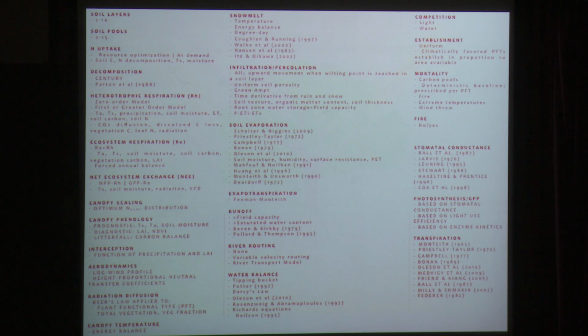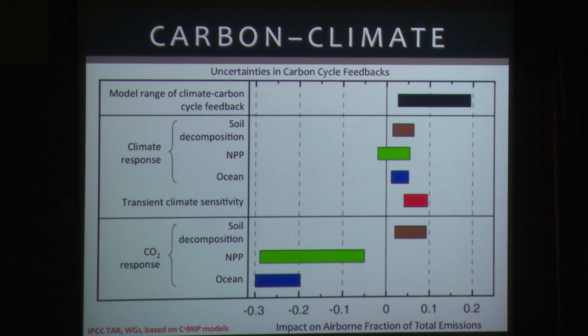It might be that the Americans think of photosynthesis one way, but the Japanese think about it another way, and the French think about it another way. So not only do you have lots of processes with lots of uncertainties, but you have lots of ways of representing these processes. And these are the reasons, or a lot of the reasons, why we have such uncertainties in our understanding of the terrestrial biosphere response to climate.